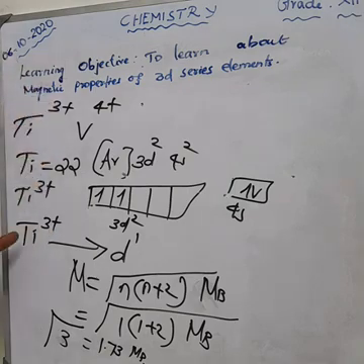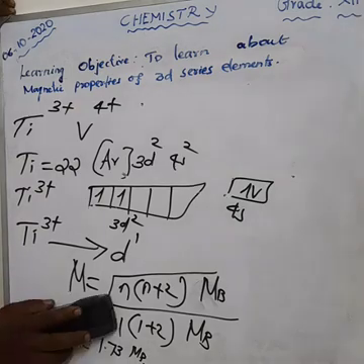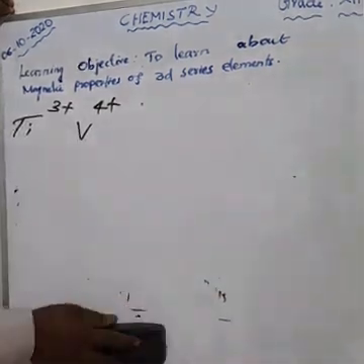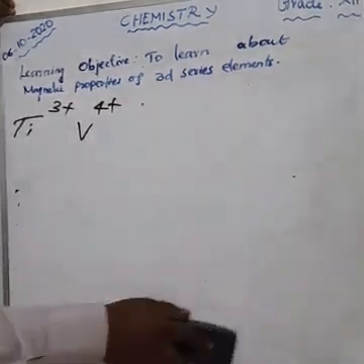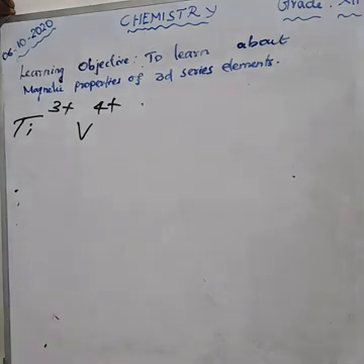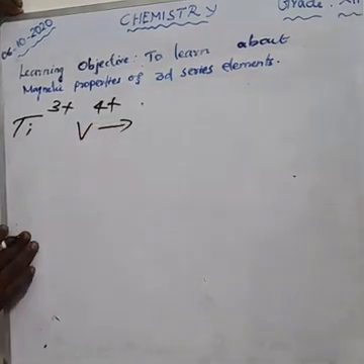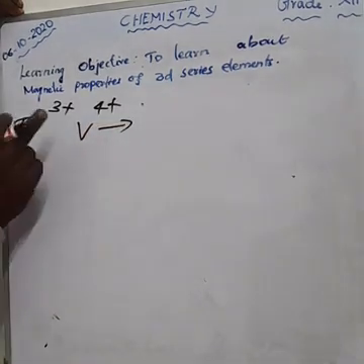the configuration of Ti3 plus. That's the question. And about vanadium 4 plus. Vanadium 4 plus, can you say what is the configuration? First of all, you should write the atomic number.